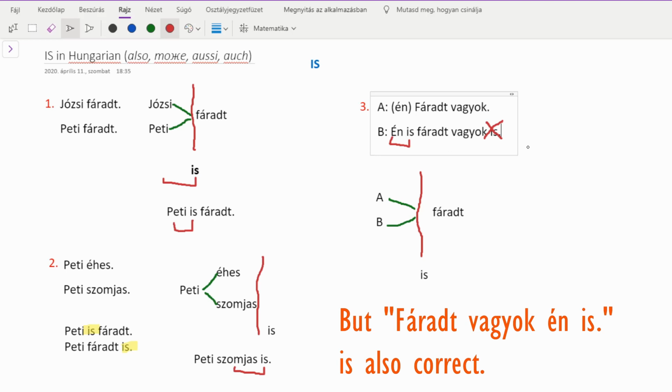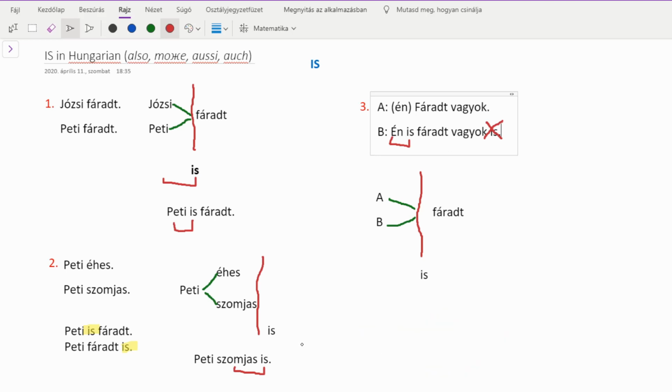In other situations, like in the second example, it is possible, but only if the word before the ish expresses one of the several options that are possible in a certain situation.